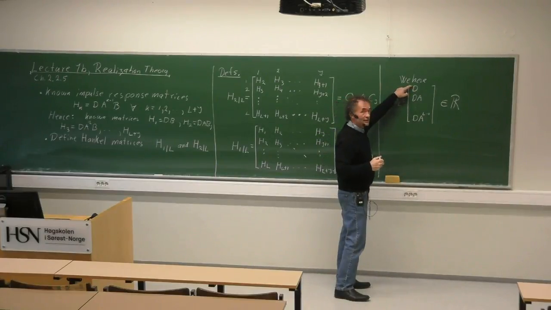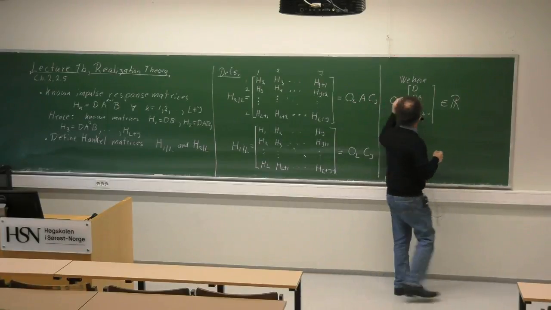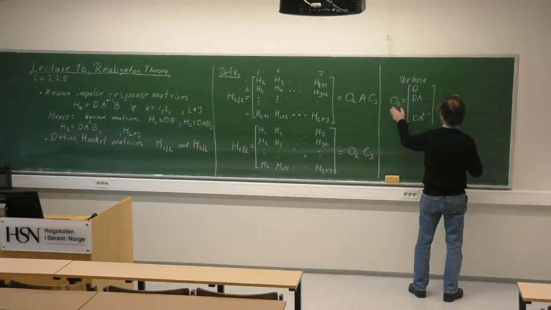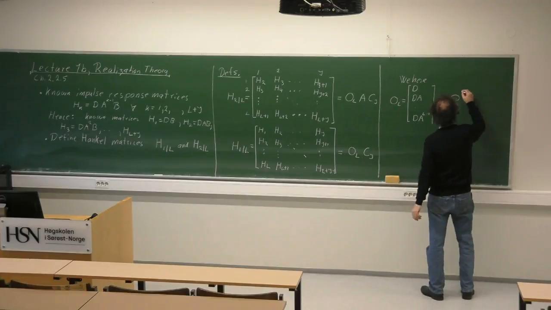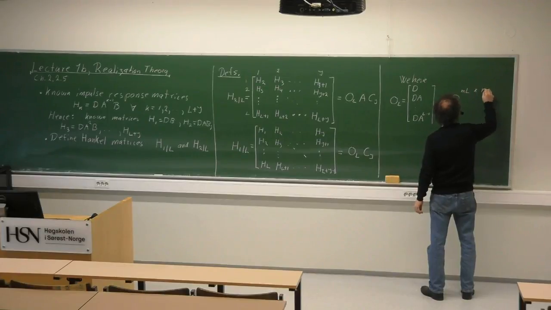So this one has M rows, and here we have L block rows. So the total number of rows in the observability matrix becomes M times L, by N, the system order.